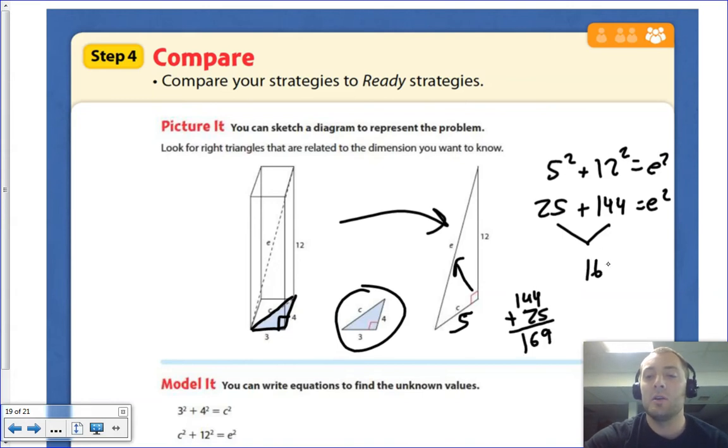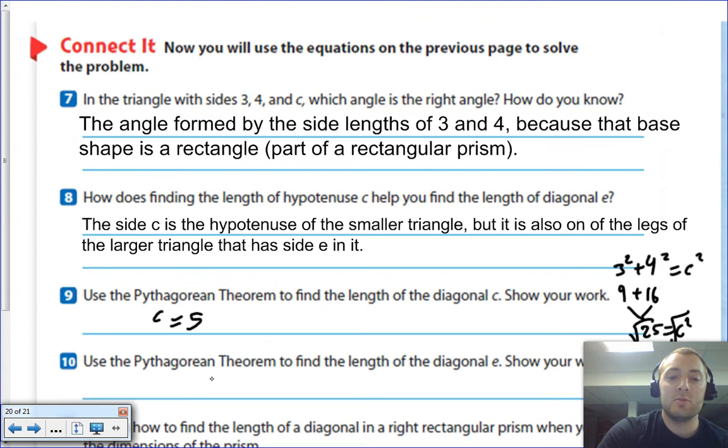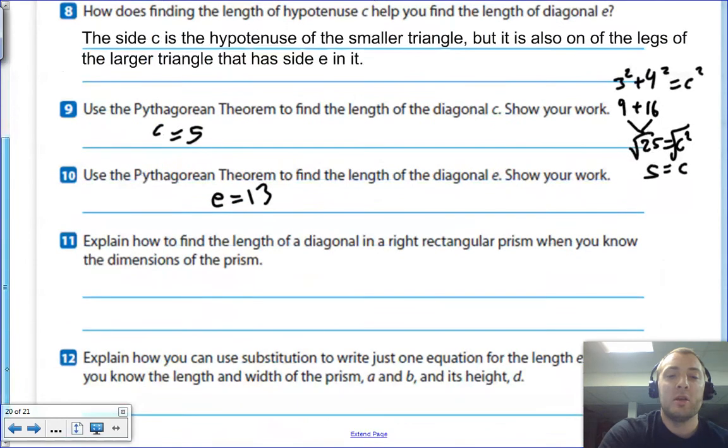So we have that equal to E squared, and we can take the square root, which, if you don't know the square root of 169, take a calculator, find the square root of it. It ends up equaling 13. So for number 10, we get E is equal to 13. So that's ultimately what we were trying to find in this one. But it took 2 steps. We had to use the Pythagorean theorem twice, and that's all right.